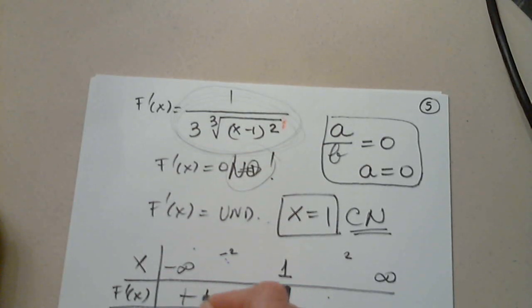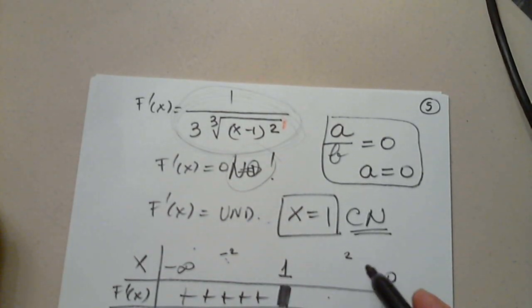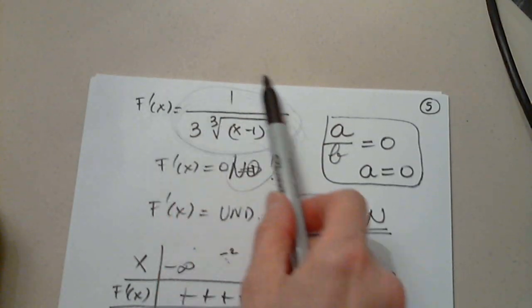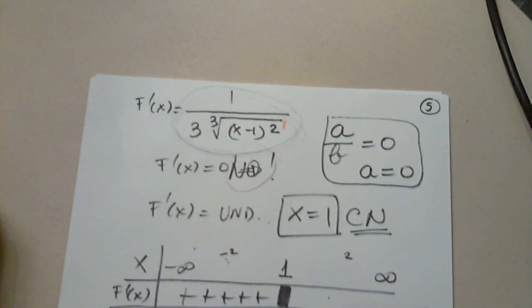Positive. That's it. Now let's plug in 2. 2 minus 1 is 1. 1 squared is 1. I only need the sign of this. Positive. Thank you very much.